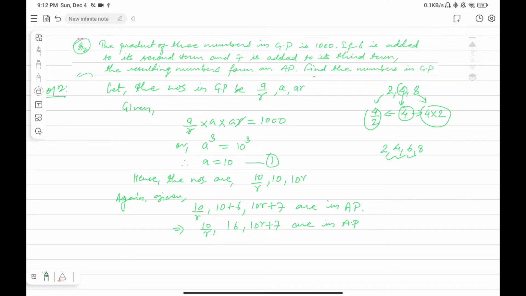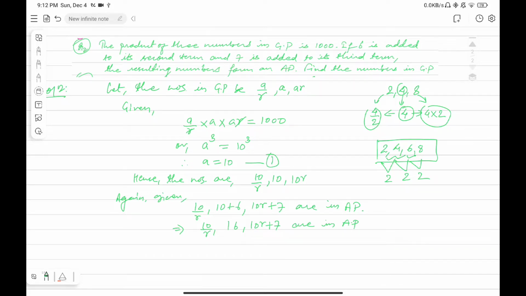Now look at the progression that I mentioned just before. The difference between 4 and 2 is 2. 6 minus 4 is also 2. 8 minus 6 is also 2.